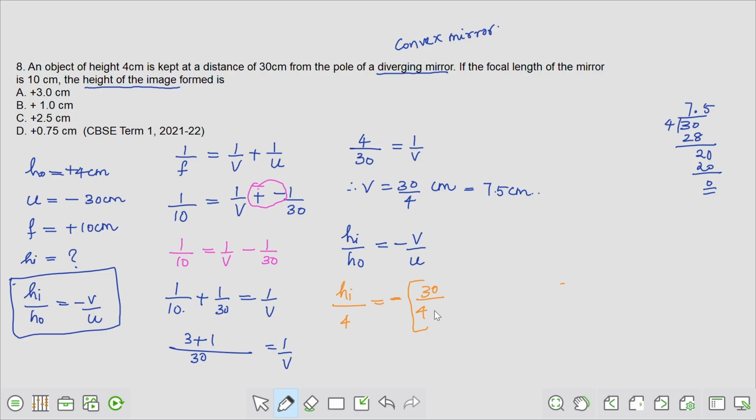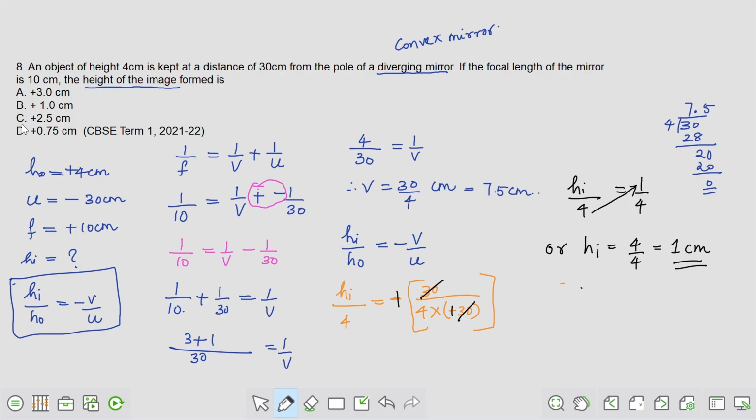Now u is minus 30. Now close the bracket. You can cancel out 30 and 30. This minus and minus becomes plus. So you will get 1 by 4. So HI by 4 is equal to 1 by 4, or HI is equal to 4 by 4, which is equal to 1 cm.